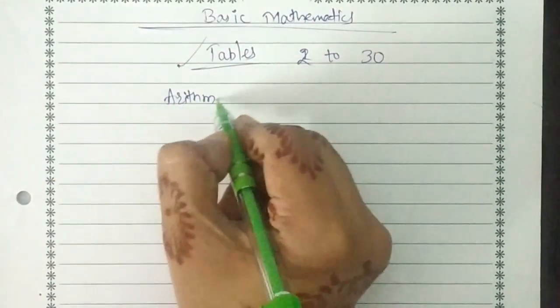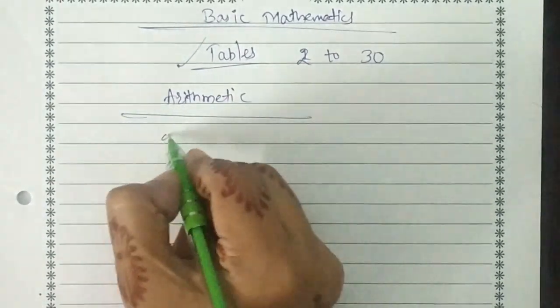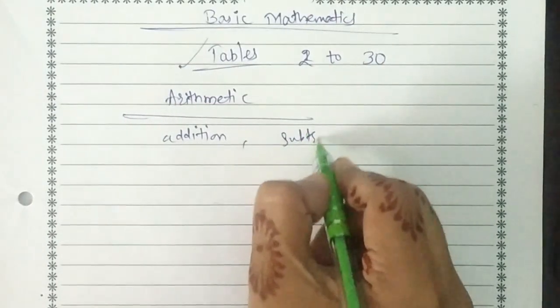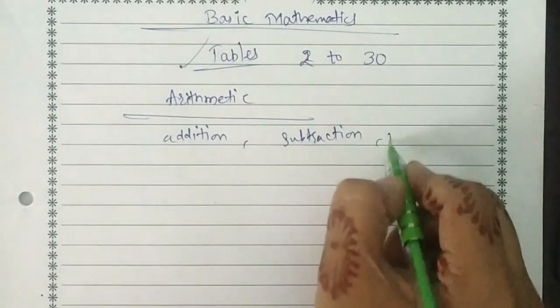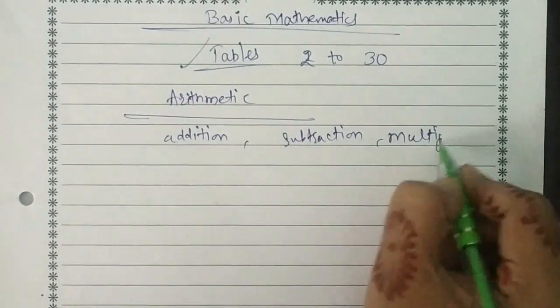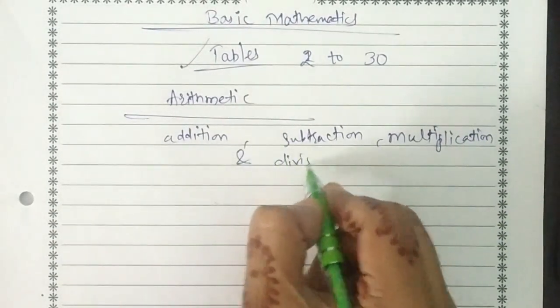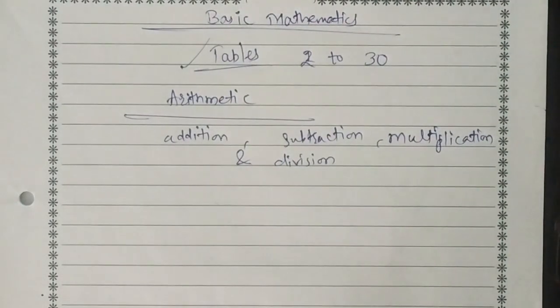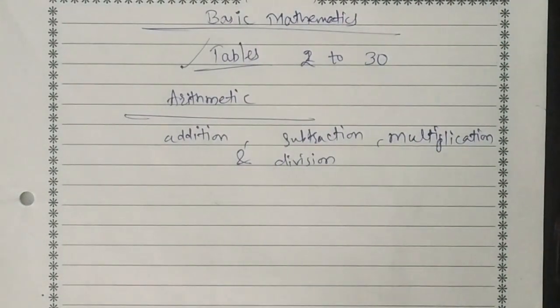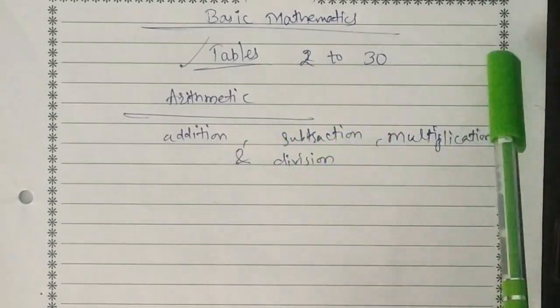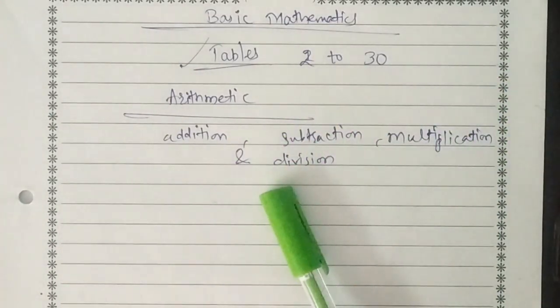Arithmetic is very important, which includes addition, subtraction, multiplication and division. Dear students, we have 4 main basic operations in mathematics which we call arithmetic operations: addition, subtraction, multiplication and division.